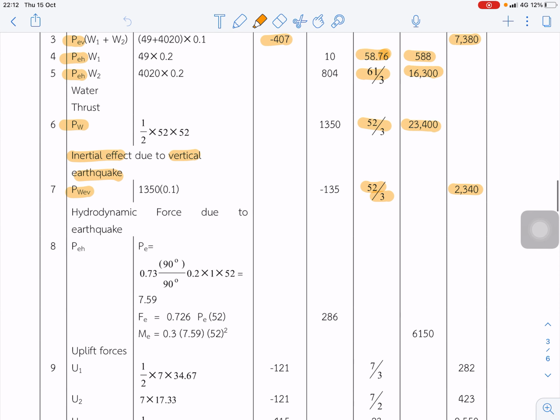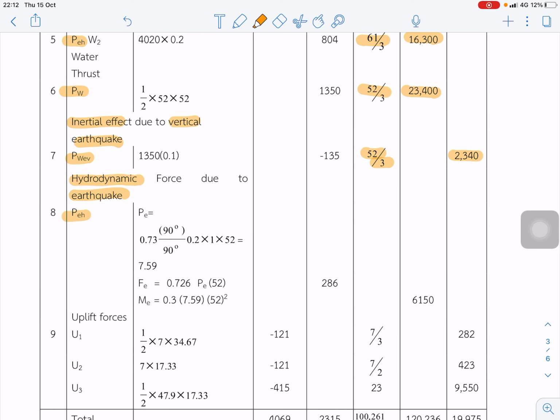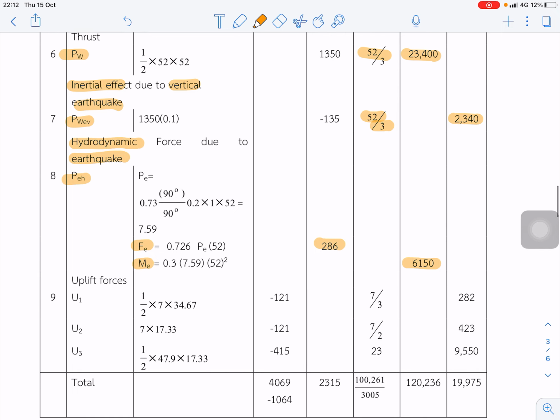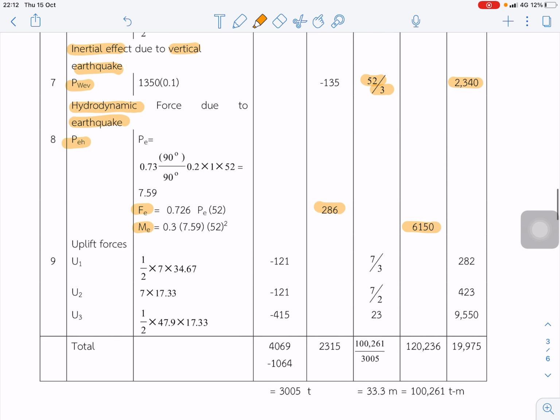Okay. Next, the hydrostatic force due to the earthquake, PEH. Based on this equation, we can estimate the force, and we can estimate the moment. And PH is clockwise, so we got a negative. Okay, then the last one is the uplift force U1, U2, U3. They are all negative forces, because it's upward.